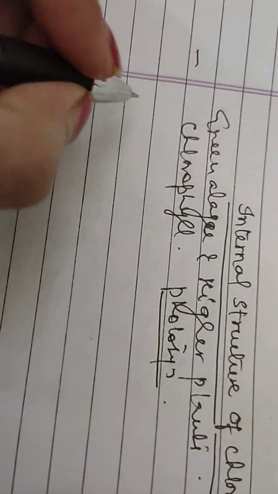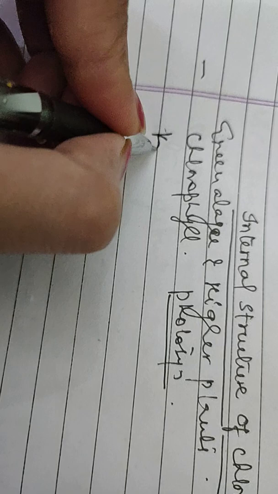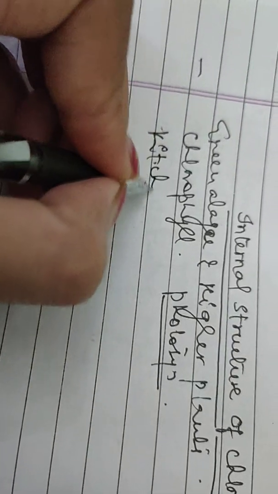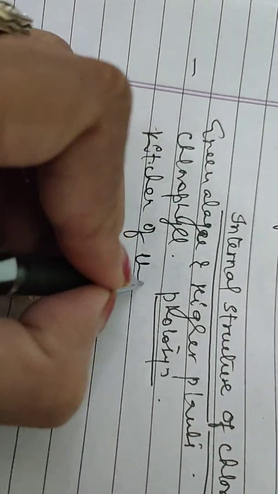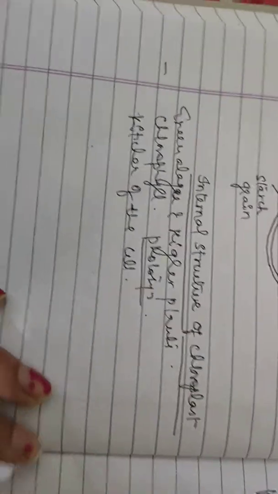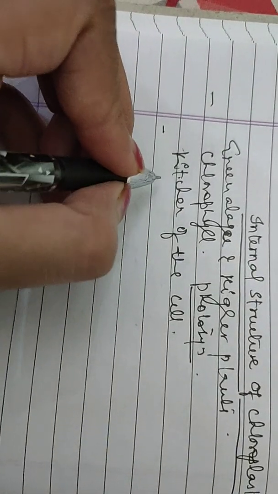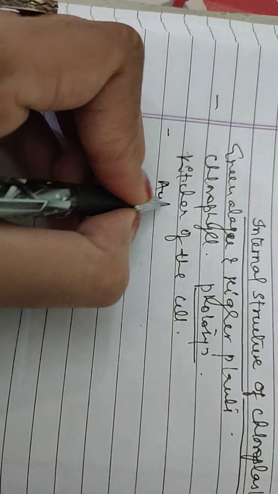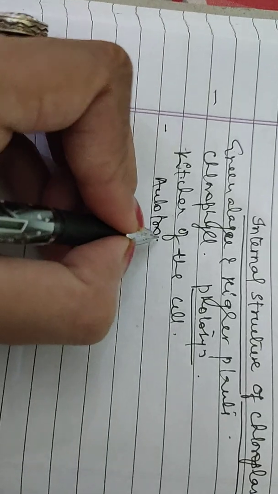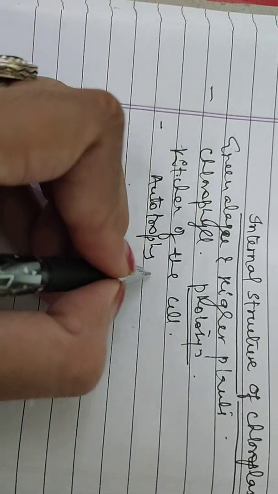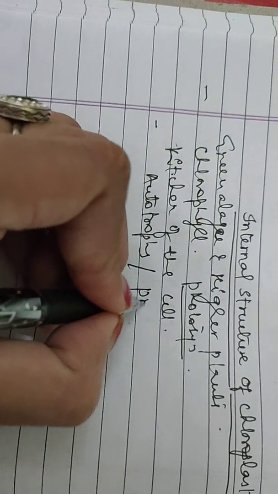So chloroplasts are also known as the kitchen of the cell, because with the help of photosynthesis, plants can make their own food, and that's why plants are also known as autotrophs or producers.